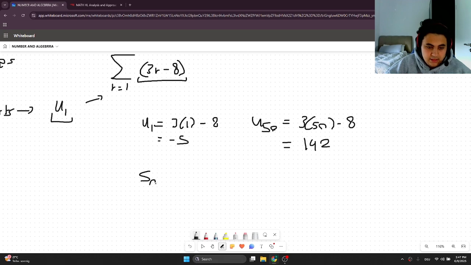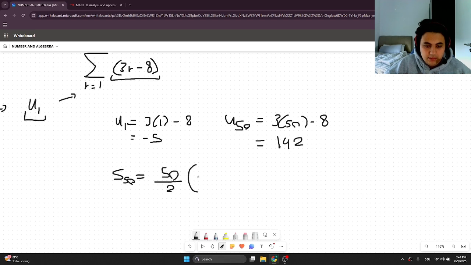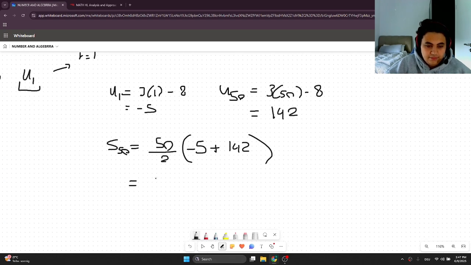We say S50, sorry, because it's the sum of the 50 terms. So S50 is equal to 50 divided by 2, multiplied by u1, which is negative 5, plus 142, right? So this is going to simplify to 25 multiplied by 137, right?